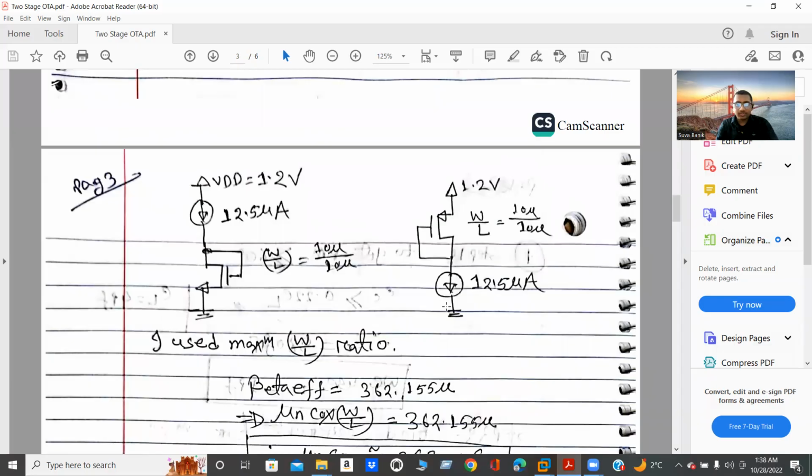For this, if I want to calculate the mu Cox value for NMOS, then I should configure this NMOS with a direct connected load, and then provide the necessary bias current.